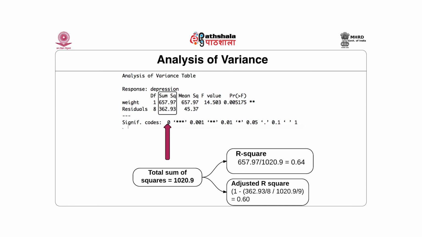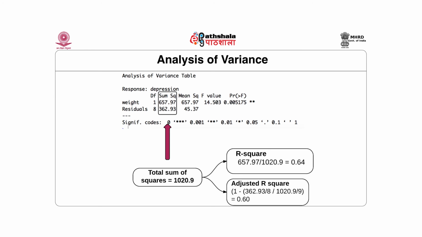In this particular case, it turns out that about 64% of the variation in the outcome variable can be explained by the explanatory variable. But the adjusted R-squared, which is a more accurate R-squared because it takes into account the degrees of freedom, shows that about 60% of the outcome variable, which is the depression on the ground, is explained by the explanatory variable, which is the weight of the roller.